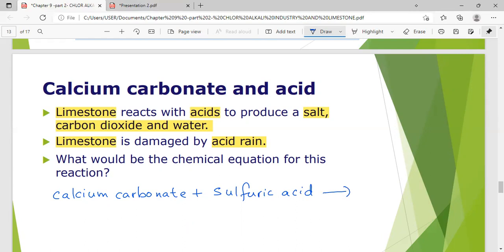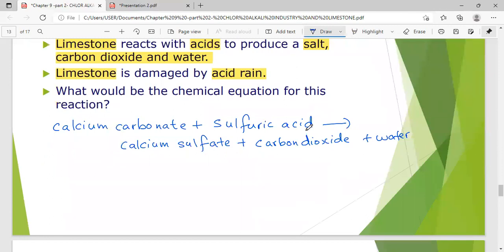You have come across this equation in the topic on acids, bases, and salts. So you get calcium sulfate plus carbon dioxide plus water.